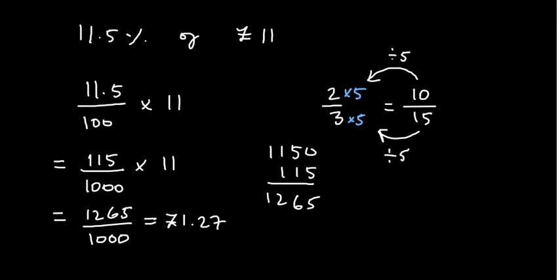So that's one way of doing these kinds of decimal percentages. And the other way, so I'll just write the question again, 11.5% of £11. The other way would be to find 1% to begin with.